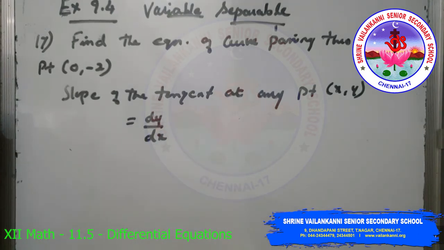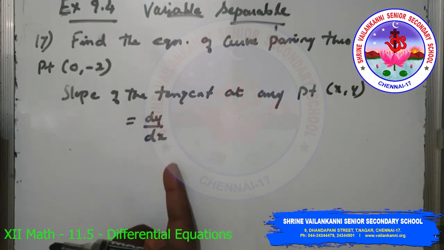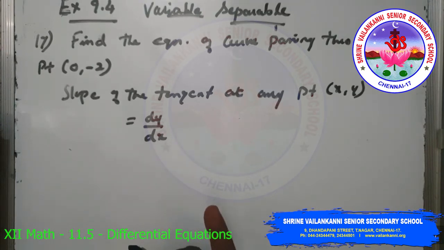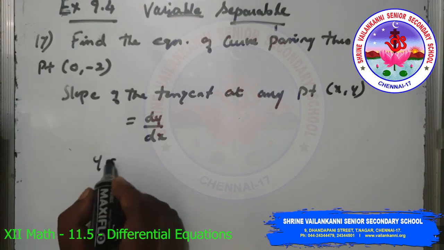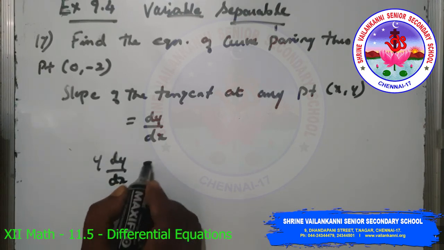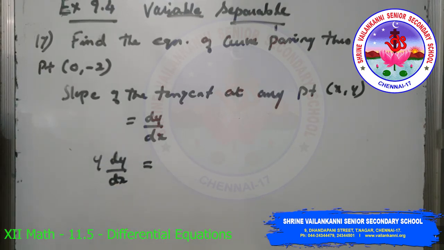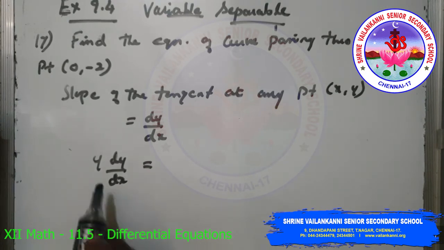Here the question is the product of the slope of the tangent and the y coordinate. So the product of slope of the tangent, that is dy by dx, into y coordinate. So y into dy by dx, which is equal to the x coordinate of the point. So y into dy by dx, which is equal to x.